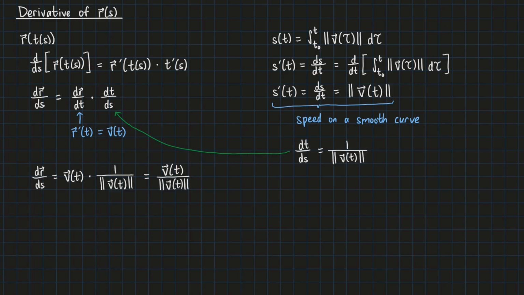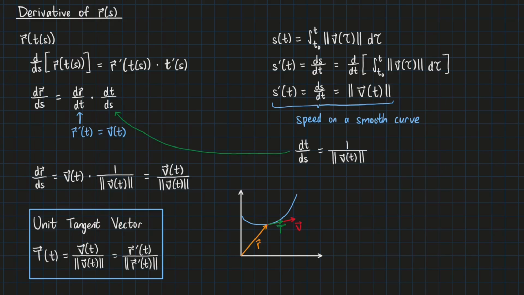Remember that a vector divided by its magnitude is a unit vector. And then remember that v of t, the velocity vector, points tangent to the curve. If we make this vector point in the same direction but have a magnitude of 1, this would be the unit tangent vector T. The derivative of r with respect to s is capital T, and the magnitude of a unit vector is 1.